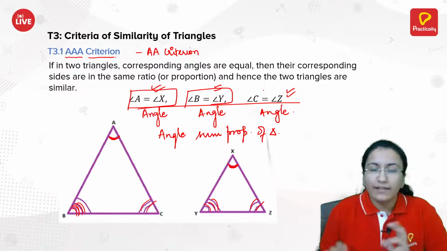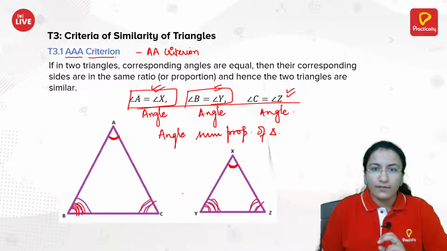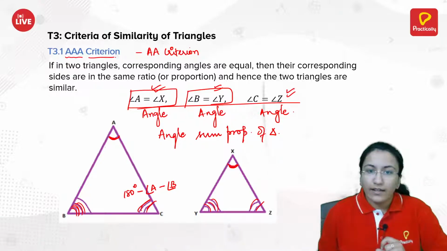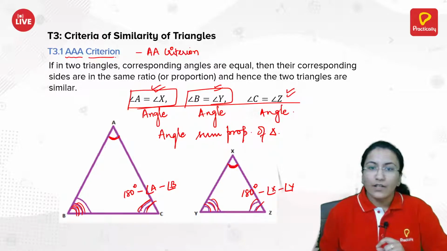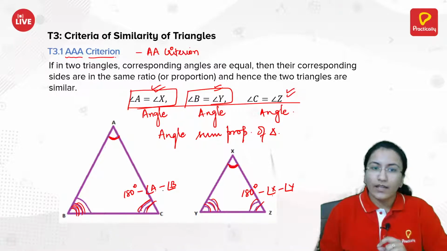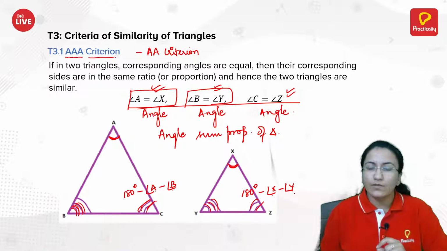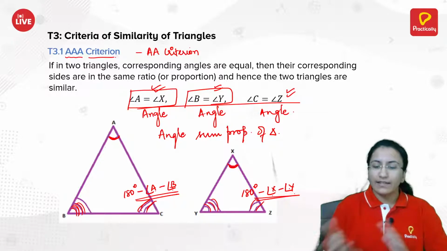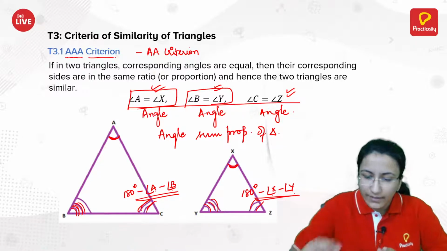Now to prove angle C is equal to angle Z, I'll write angle C equals 180 degrees minus angle A minus angle B, right? Here angle Z would be equal to 180 degrees minus angle X minus angle Y, right? So here X is equal to A, and B is equal to Y. So this quantity is equal to this quantity, that implies C is equal to Z.